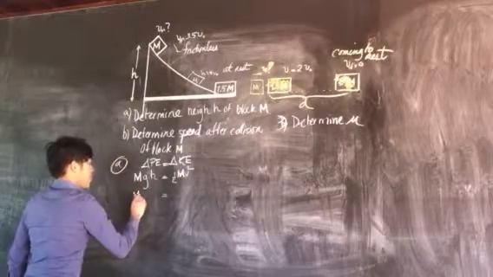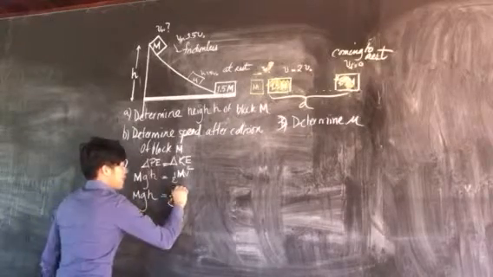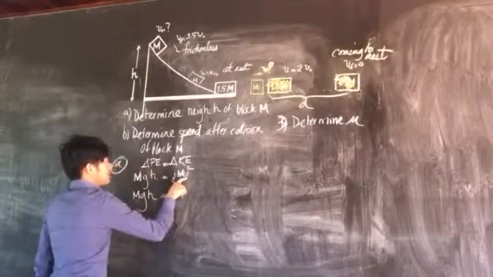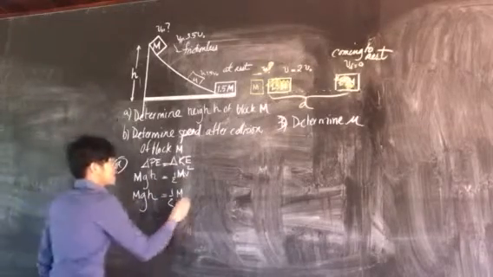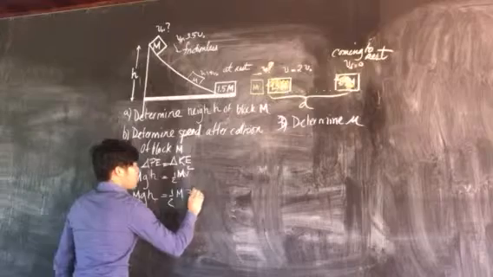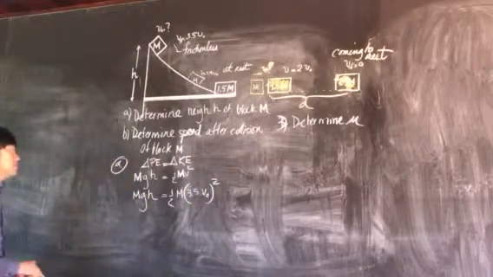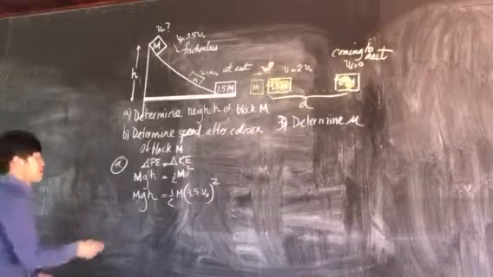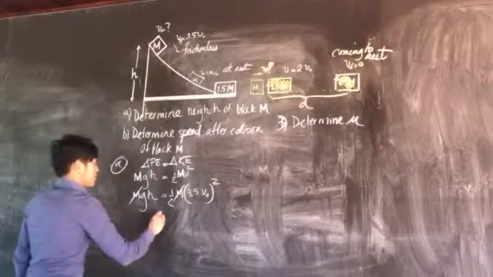So it would be mgh, right? Is equal to 1/2 m. This is the final velocity, and the final velocity they were telling us is 3.5, the initial velocity squared. So now you're looking for the height. Since they have the same mass, get rid of that.